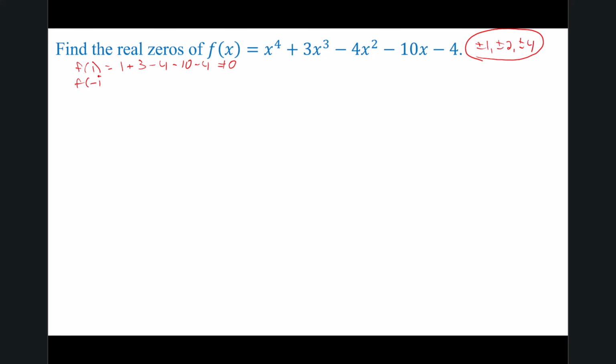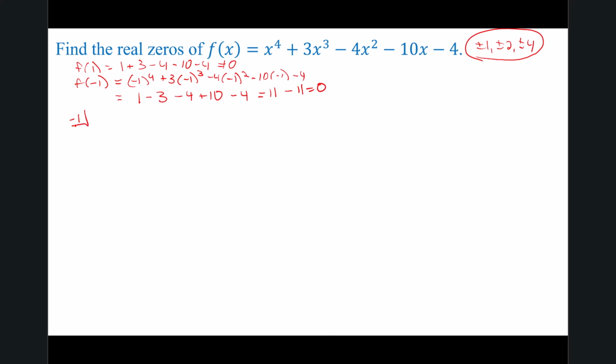If I try negative 1, I get negative 1 to the 4th plus 3 times negative 1 cubed minus 4 times negative 1 squared minus 10 times negative 1 minus 4, which gives us 1 minus 3 minus 4 plus 10 minus 4. So the positives 1 plus 10 are 11. And the negatives, negative 3 minus 4 minus 4, that's negative 11. We get 0. Okay, negative 1 is a zero of this polynomial.